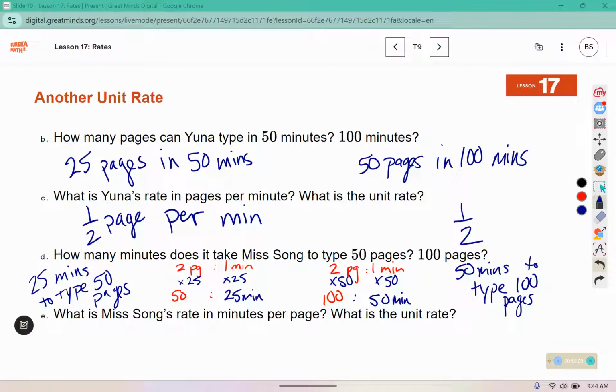What is Miss Song's rate in minutes per page? Well, it took her 1 minute for 2 pages, but we want per page. So that would be 1 page. We'd have to divide by 2. 1 divided by 2 is 1/2.